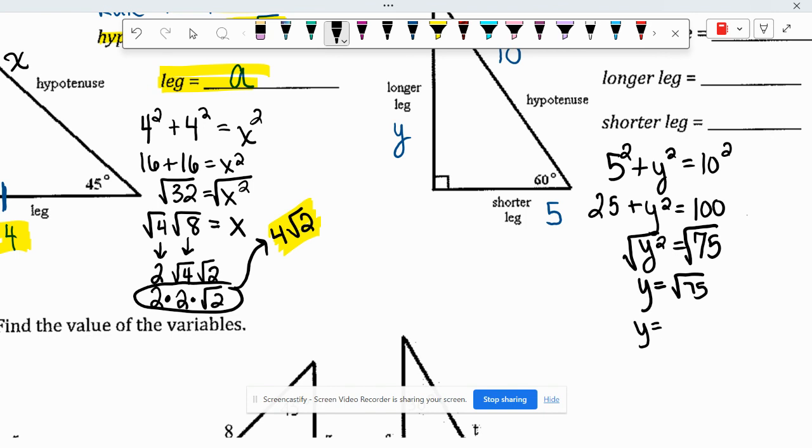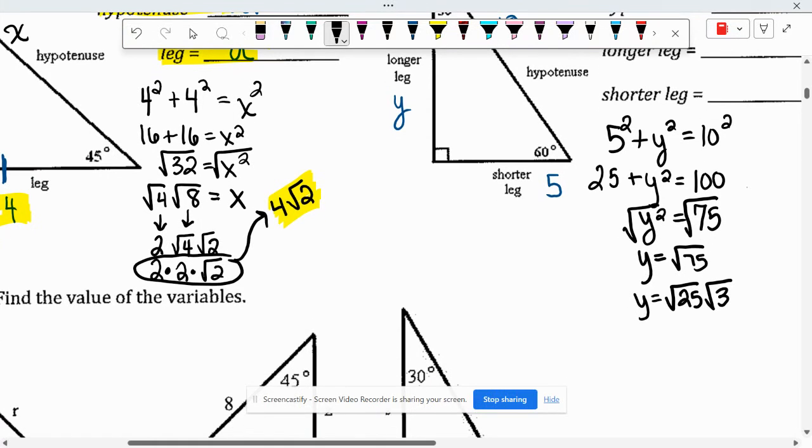Destiny, you've got out your green sheet. 25. And what else? I'm sorry, I cut you off. Perfect. Square root of 25 times the square root of 3. What is the square root of 25? Y equals 5 root 3.